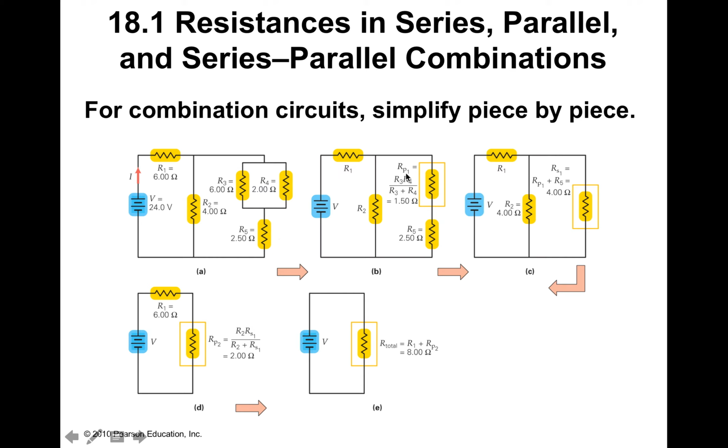R of the parallel would equal 1 over R3 plus 1 over R4, taken to the minus 1. So that came out to be 1.5. Then you've got 2.5, so you've got these two in series. You leave them in series, so the 1.5 and the 2.5 comes out to be 4.